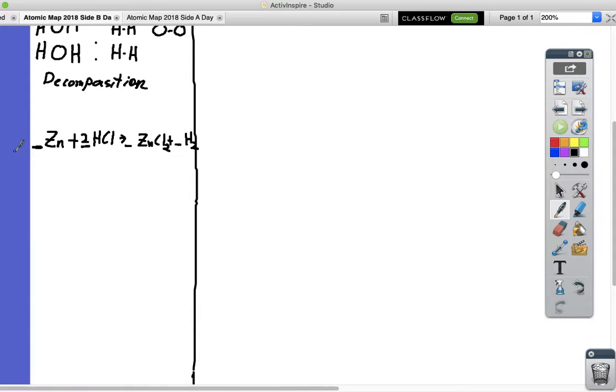Okay? So I got my 2 in there. And then how many H's do I have on this side? 2, because nature says so. So how many do I need on this side? 2. So look at that, that's pretty convenient, right? So now when I draw it out, I think we're actually going to be okay. I have a Zn, I have HCl, HCl.